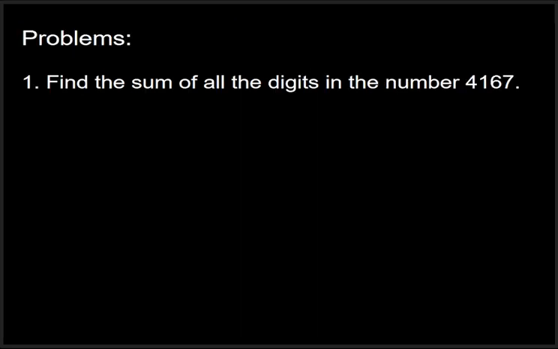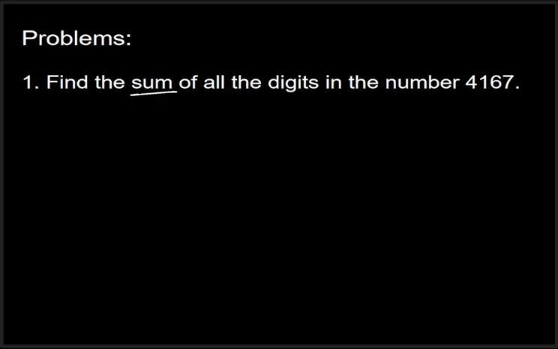Okay, let's see how we can handle some questions involving digits in a whole number. Number one, find the sum of all the digits in the number 4167. Remember, we've talked about some terms, and one of them is sum.